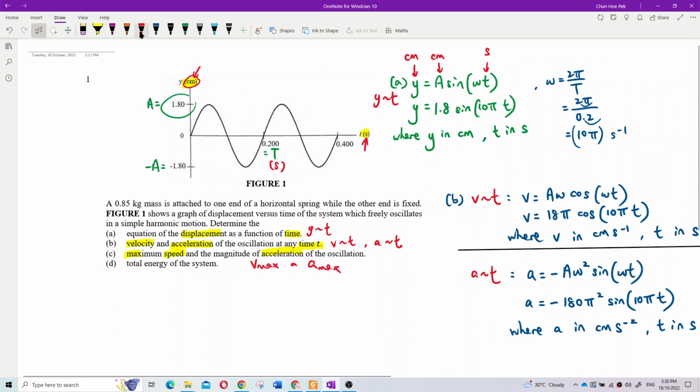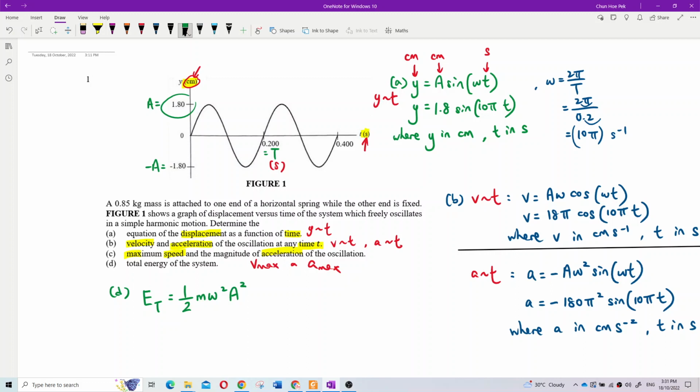Okay, so give me the total energy formula. Come on, you need to speak out. Kinetic energy plus potential energy. Half m omega square A square. You will thank me for that.